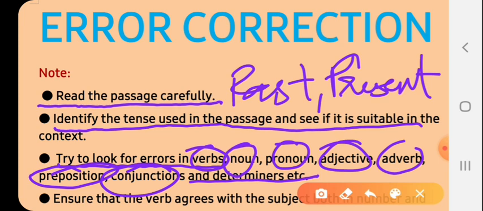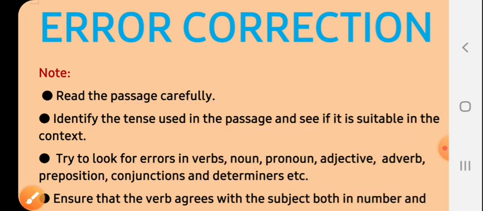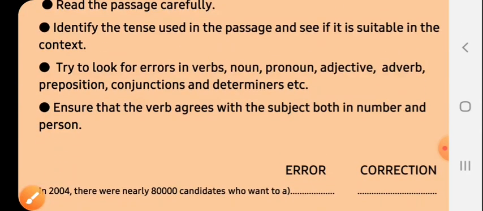Most of all, you have to look at verbs and tenses, whether the verb is according to the subject or not. That is also known as subject verb agreement. Ensure that the verb agrees with the subject both in number and person.